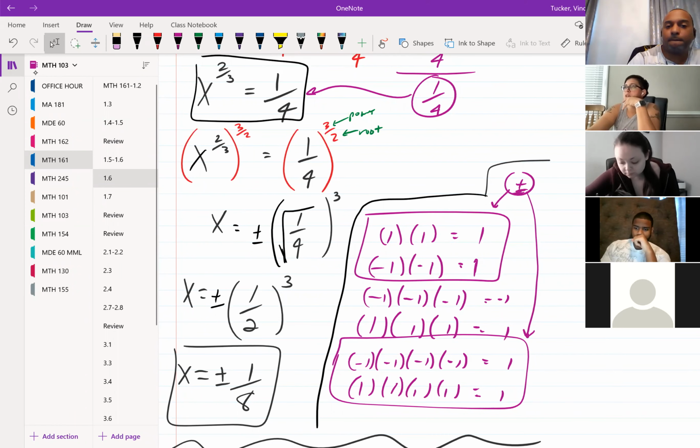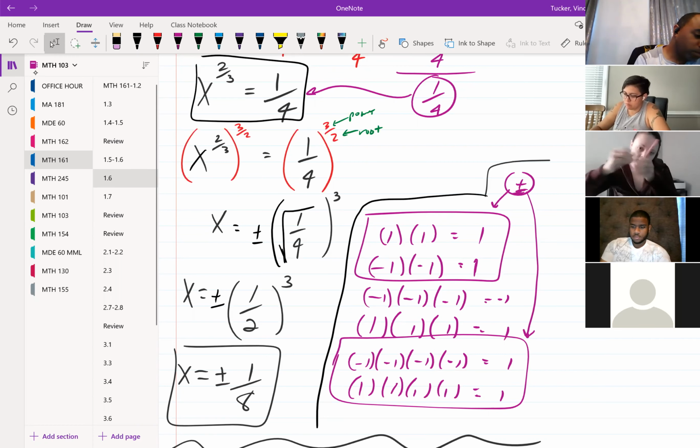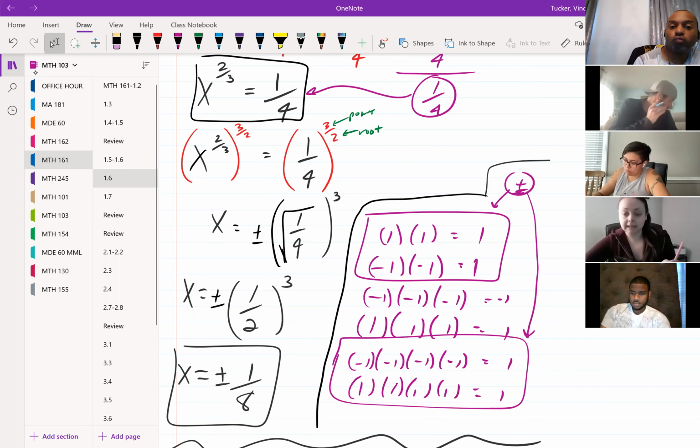What does that green word say that's pointing to the 3? Yep, power, and then the bottom one says root. Is that always going to be the case, whether it's plus or minus?